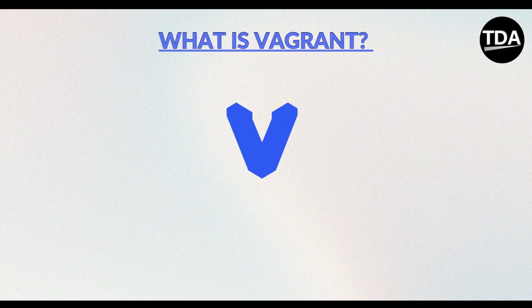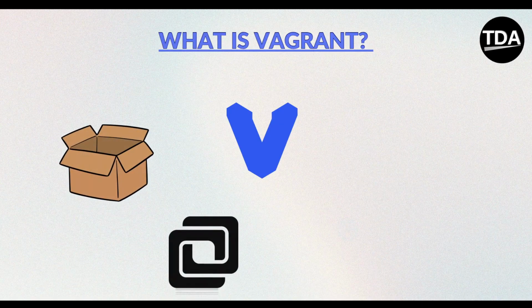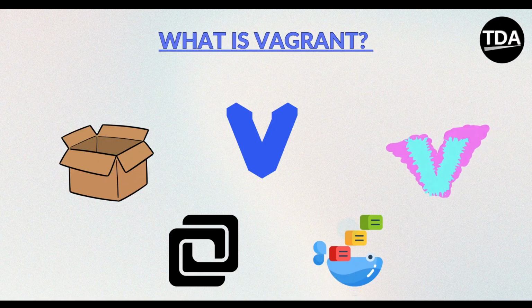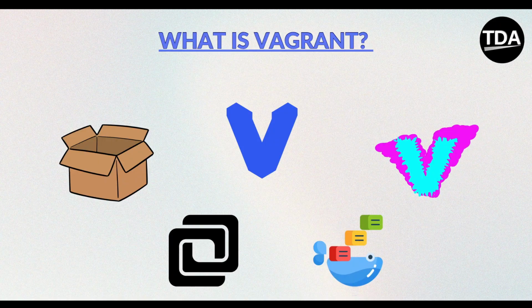Instead of manually installing and configuring different software every time, Vagrant automates the process with a single command. It works with different virtualization providers such as VirtualBox, VMware, Docker, and Hyper-V. With Vagrant, you define everything inside a simple Vagrantfile and it takes care of setting up the virtual environment exactly the way you want it.